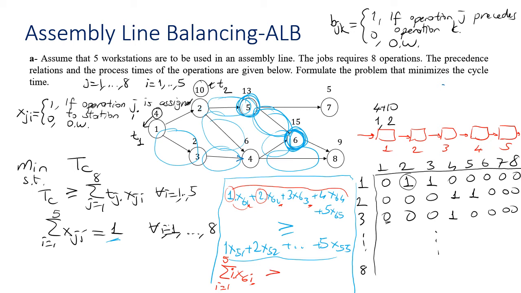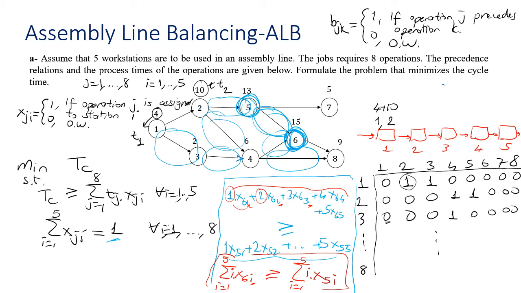And we want this to be greater than or equal to what? Again, I from 1 to 5, again summing over the stations. And this time it is x5i. And again, it is I times x5i. Okay, so this is the compact form of this equation between 6 and 5.